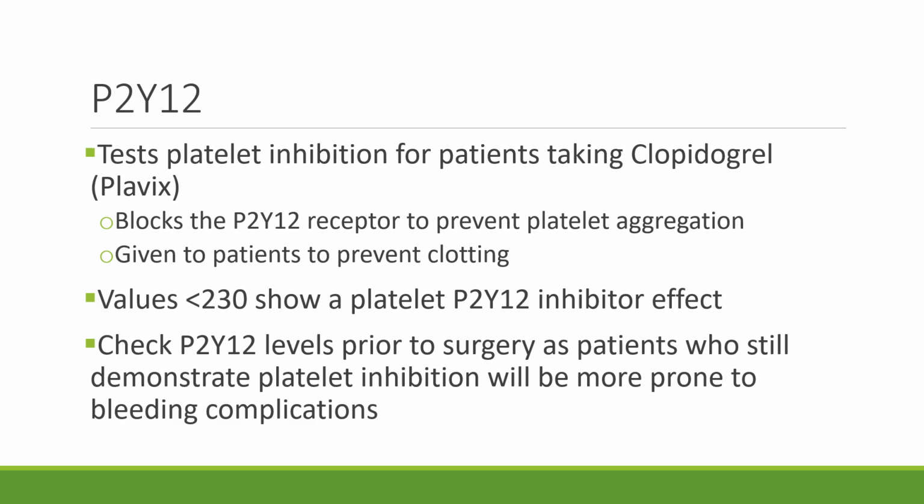Now, when looking at our values for our P2Y12 testing, values of less than 230 are going to show that platelet inhibition, that P2Y12 inhibitor effect. And a lot of times we want to check these P2Y12 levels prior to surgery because sometimes patients who've been taking Plavix or clopidogrel may demonstrate platelet inhibition and will be more prone to bleeding complications.